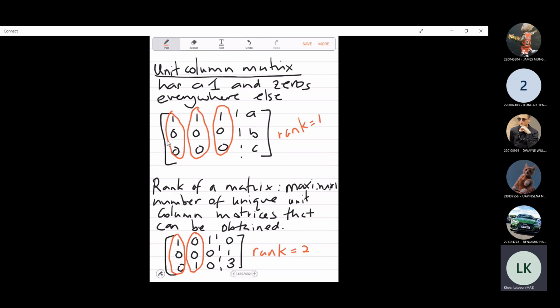So here, when you have a rank of 1, you can see that x1 gives you a unit column matrix. x2 gives you a unit column matrix, and x3 also gives you a unit column matrix. But we say that the rank is 1, so that means our basis must only contain one of these variables. And here, because each of them equally gives us a basis, we can pick any of them.